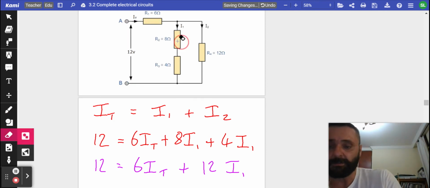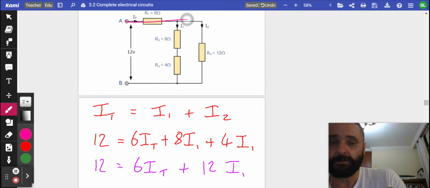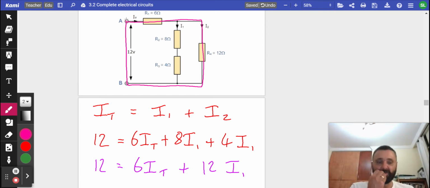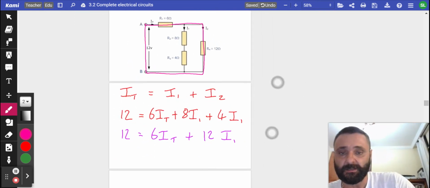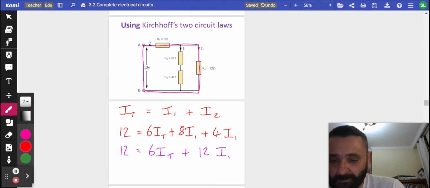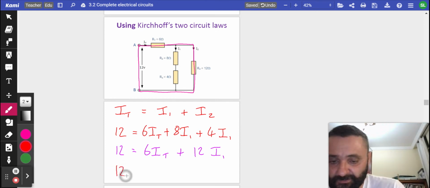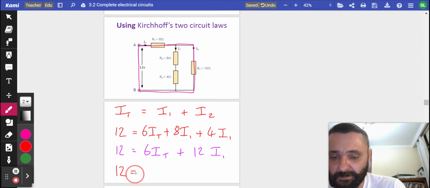Now what about loop number 2? Loop number 2 only has R1 and R4 in it, but it does again have an EMF of 12 volts. So the total EMF is 12 volts.